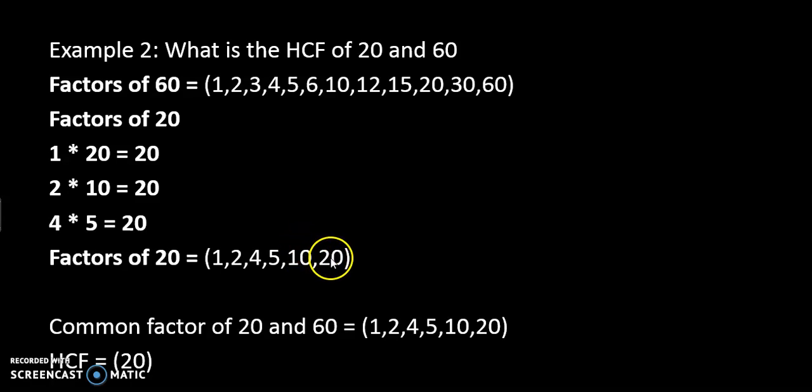I have 20 and 20. So these are the common factors of 20 and 60. Which is the biggest number of the common factors? 20 is the biggest number. So this 20 is what we call the HCF, or the highest common factor.